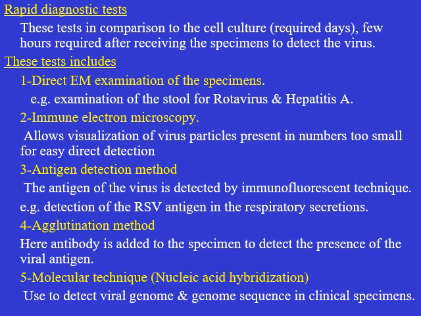Here antibody is added to the specimen to detect the presence of the viral antigen. 5. Molecular technique depending on nucleic acid hybridization, used to detect viral genome and genome sequence in clinical specimens.